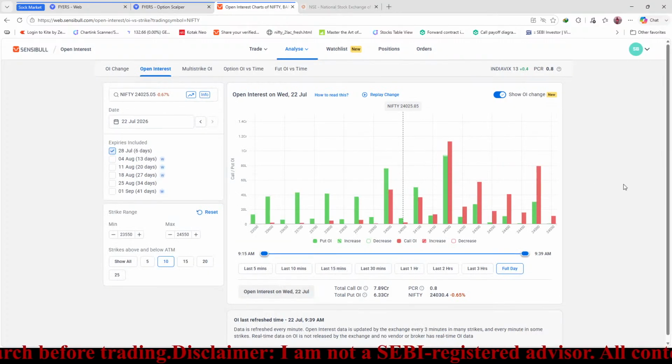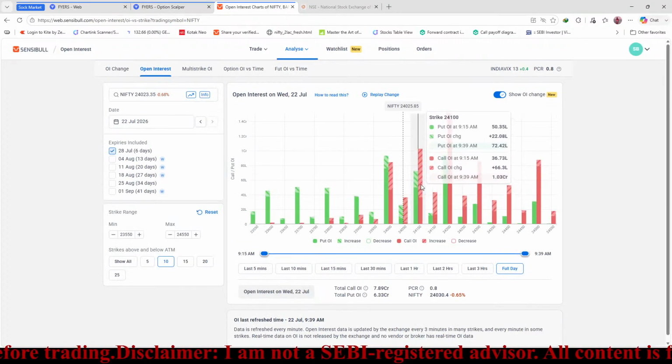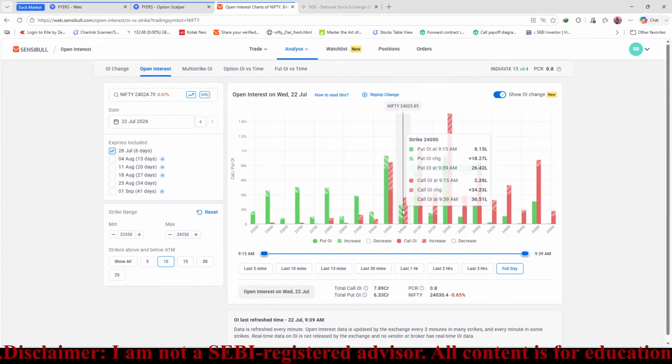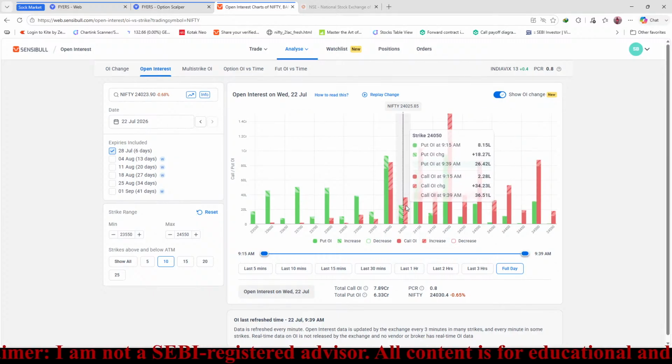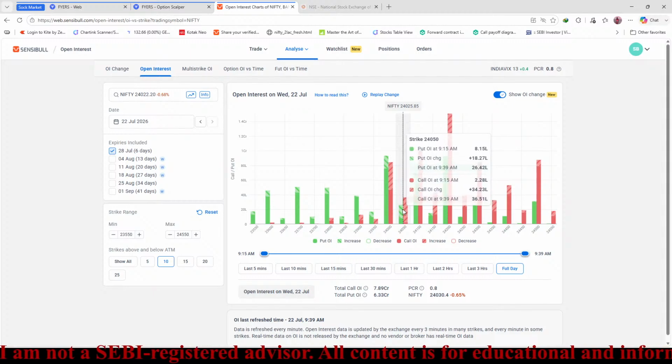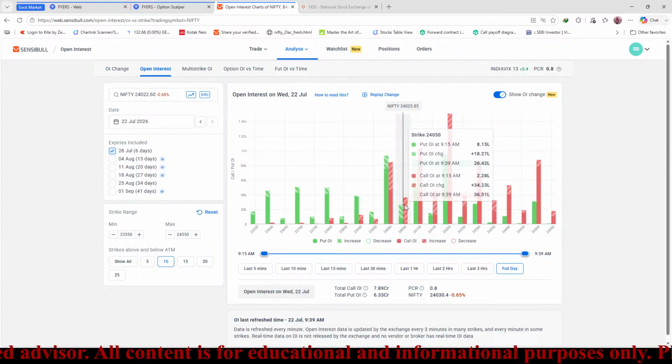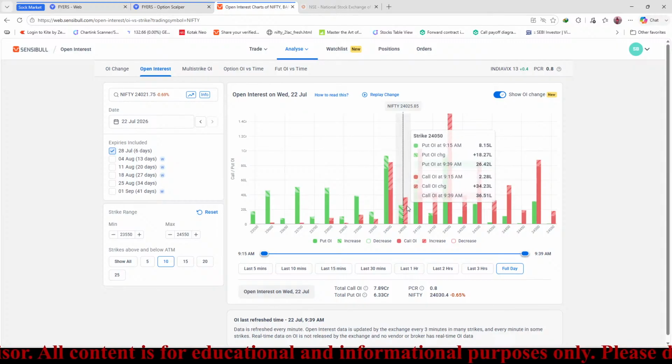See what's happening exactly. 24,100 call options is high, I know, but you can see this 24,050, still it's down actually. Before, call options was higher, but now at 24,050 call options is more. Before put options was more, now call options is more. It's almost from 2 lakh to today, the people have accumulated almost 34 lakh.